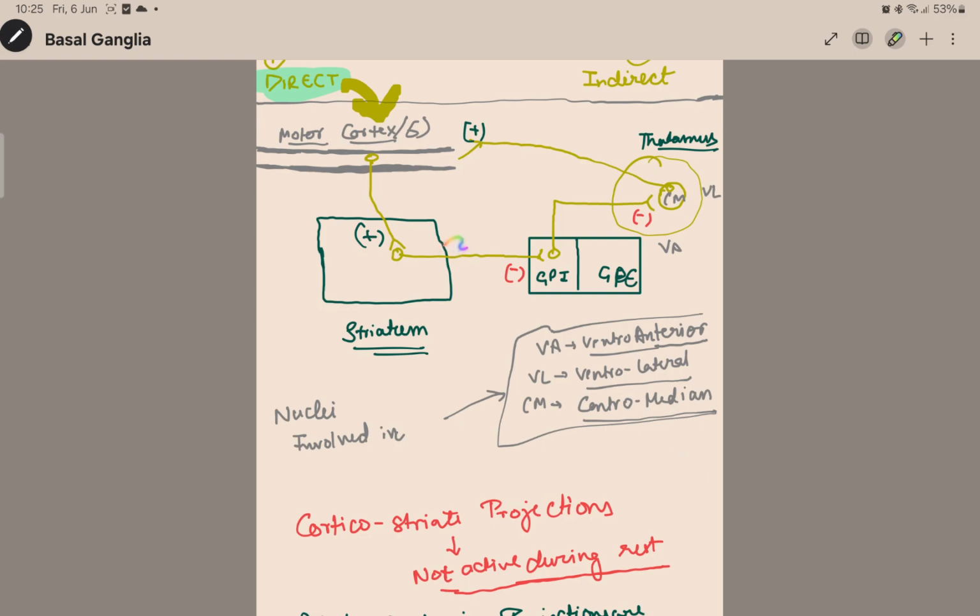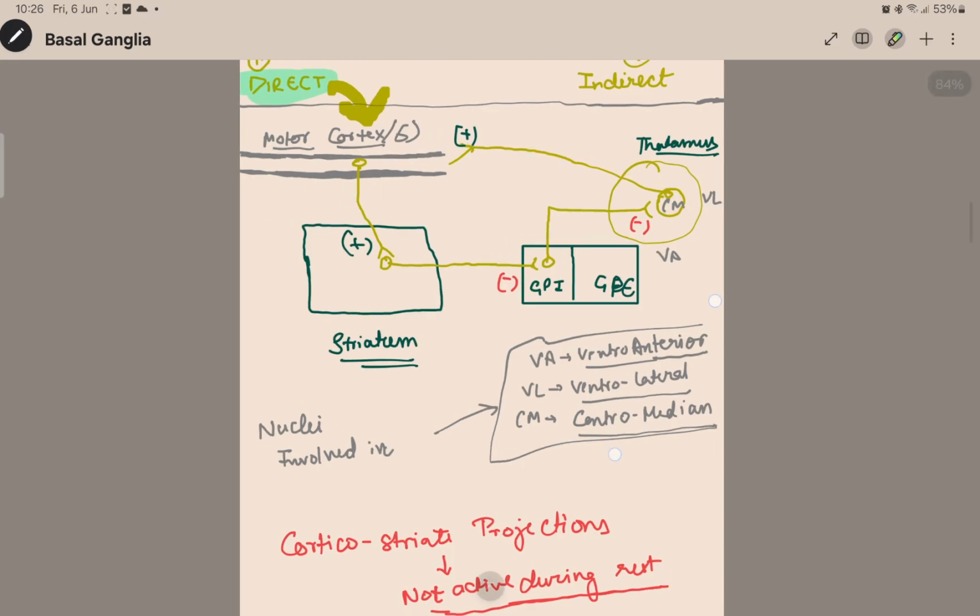Now this makes a synapse and sends a tract to GPI, which is the striatopallidal projection, which is inhibitory. And here is another tract, the pallidothalamic projection, which relays in the thalamus, and the thalamus further relays in the motor cortex. Now let's understand and solve this circuit.